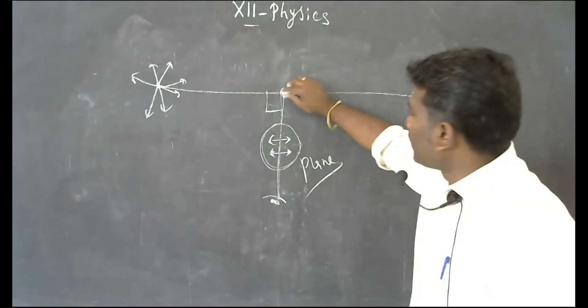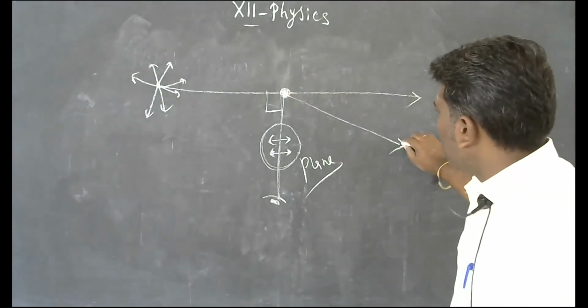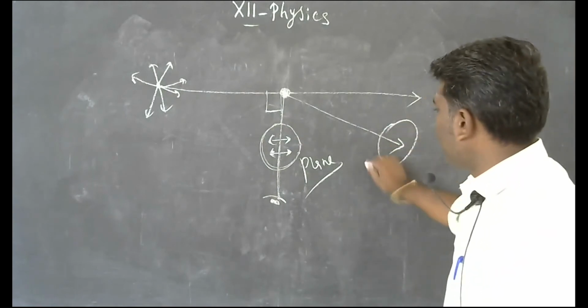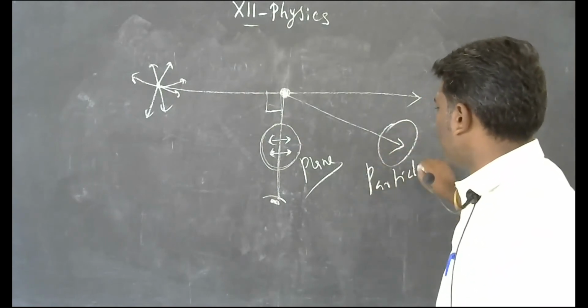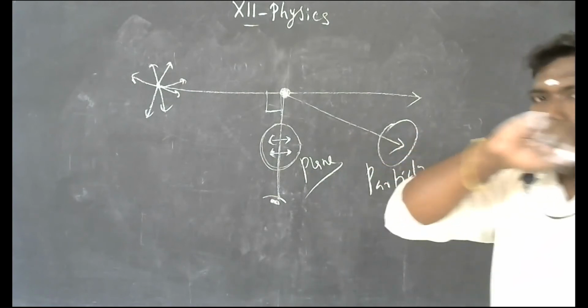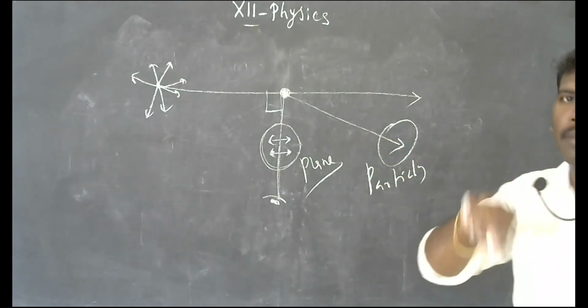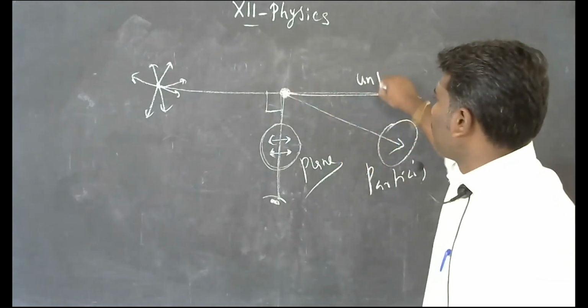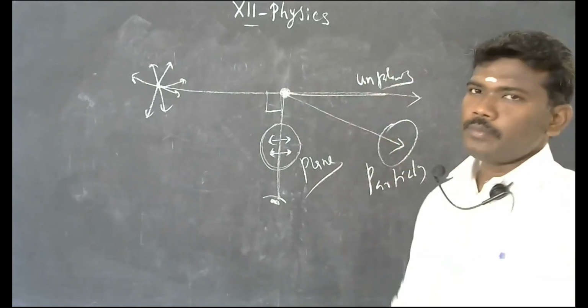And if some of the light rays are not traveling along the propagation of the light ray, these light rays are called partially polarized, because here we have some of the vibrations parallel and some of the vibrations not parallel. Here this light ray is called an unpolarized light ray.